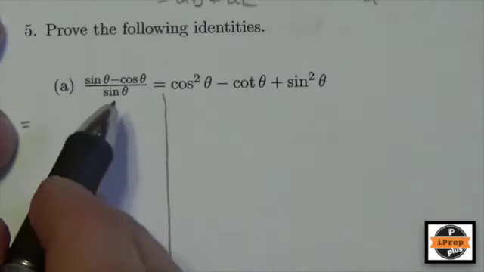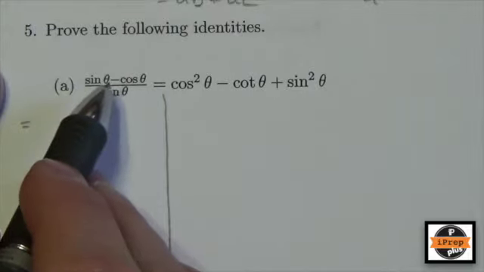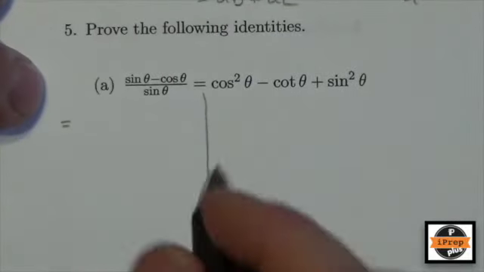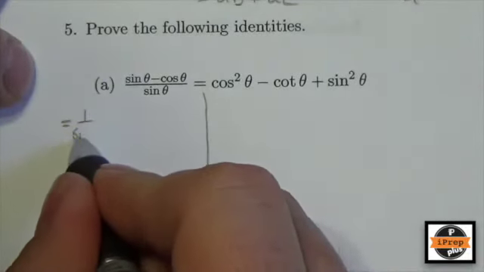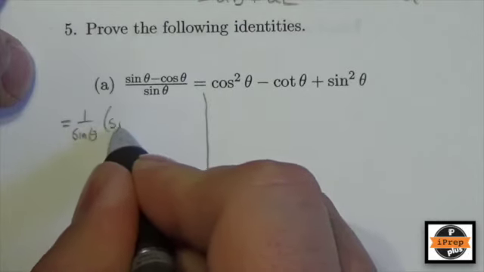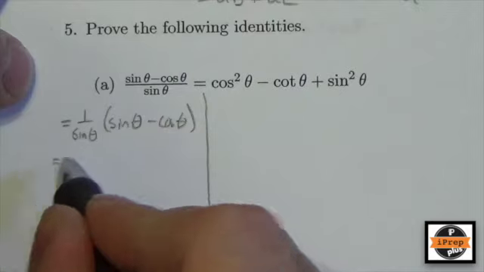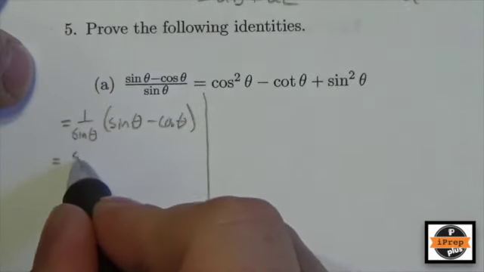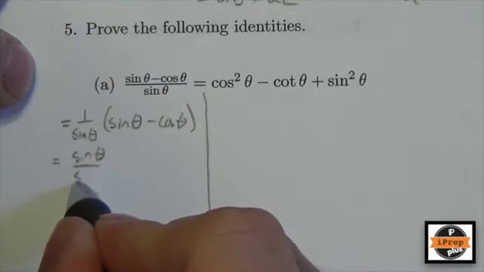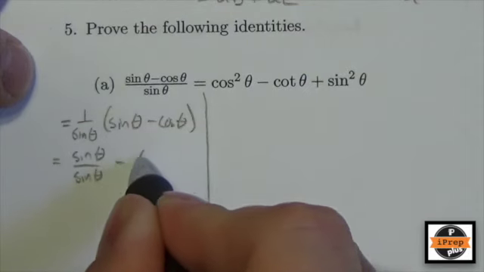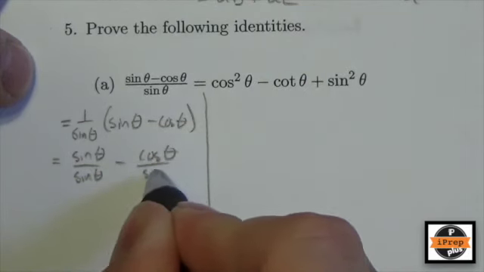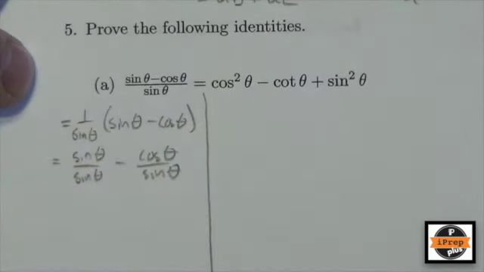Well, that's exactly what we've got here. Sine theta minus cos theta over sine theta is the same as 1 over the sine of theta multiplied by the sine of theta minus the cosine of theta. And so I can distribute this thing through to get the sine of theta over the sine of theta minus the cosine of theta over the sine of theta.